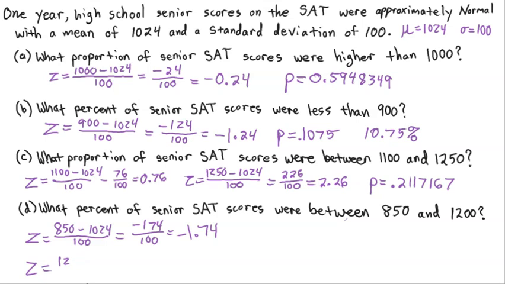I didn't put 1200. 1200 minus 1024 divided by 100 is going to be, well, 1200 minus 1024 is 176 divided by 100, which is going to be positive 1.76.